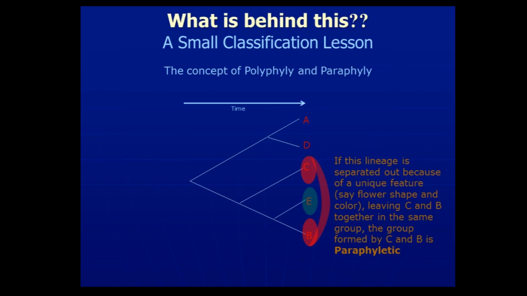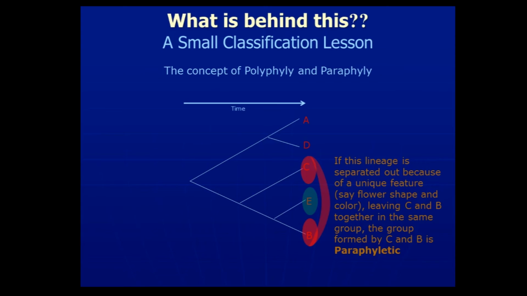So they pull this out as a separate group, and then they put these two together in the same group. We don't like that either, because a group not only should be all descended from the same ancestor, in order for the formation of such a group to not be simply arbitrary, you also have to have the group contain all of the descendants of some particular ancestor. You can't pawn off somebody onto another group, even if they're the black sheep of the family.